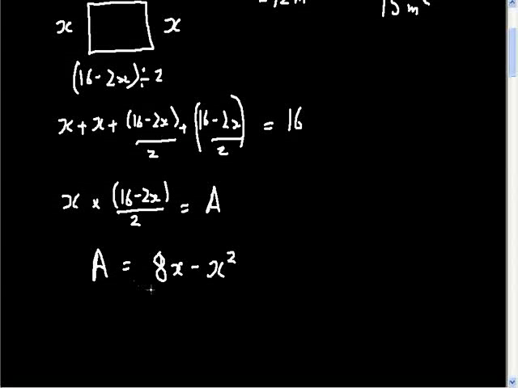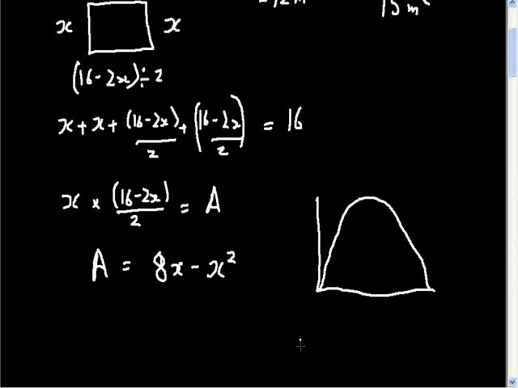If I were to sketch this, it'll look something like this. I've missed out the negative values. The y-axis gives you the area, the x-axis is the length of this one side.